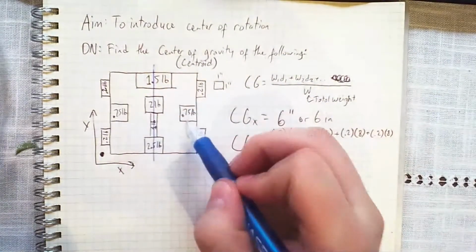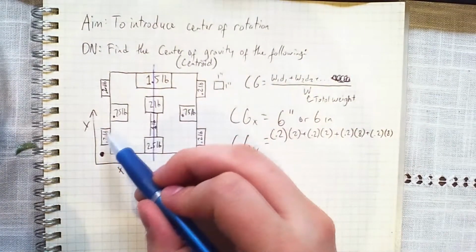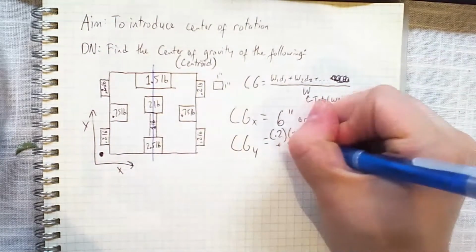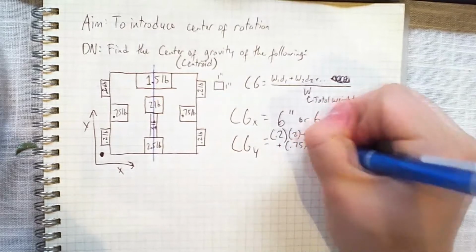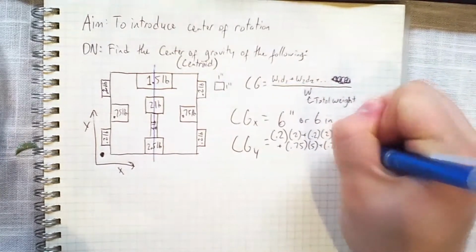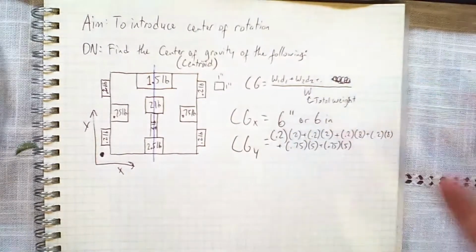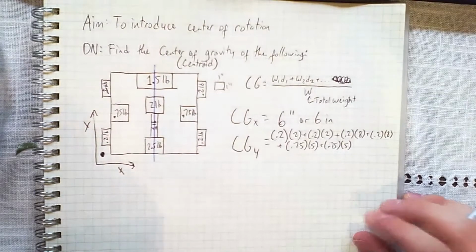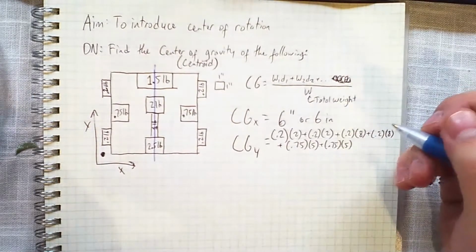Now we have these 2 0.75s, which are 1, 2, 3, 4, 5 inches in. So plus 0.75 times 5 plus 0.75 times 5. I could have, of course, just multiplied each of these by 2 instead of writing it out this way, but it doesn't really make a big difference.